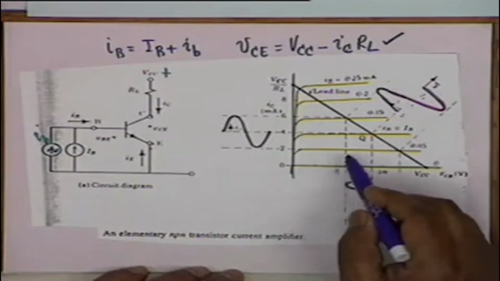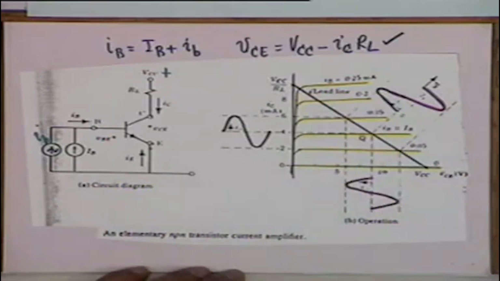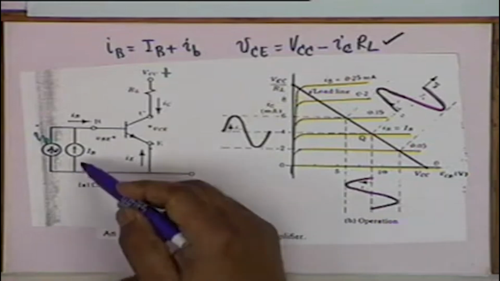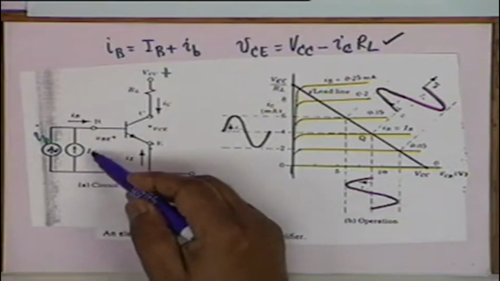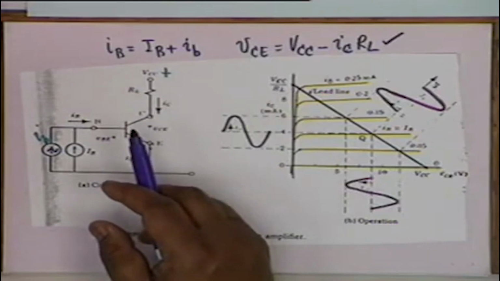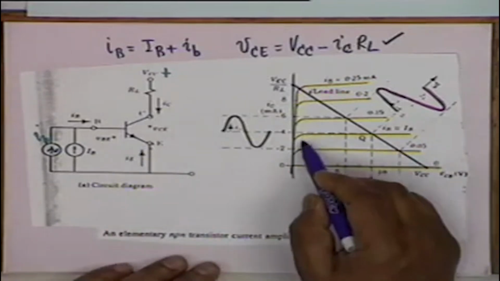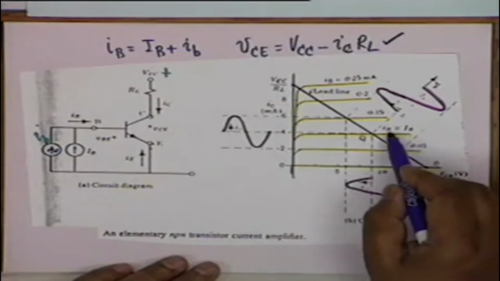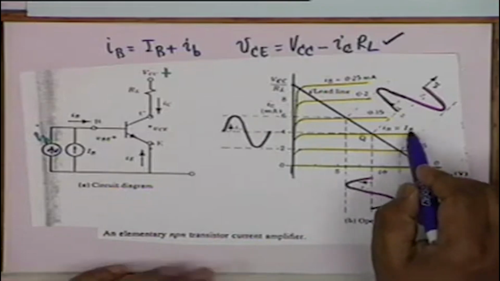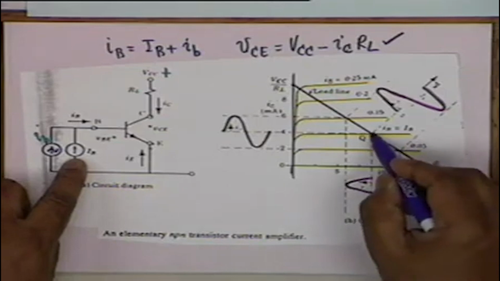If I figure out from the characteristic curves which one is the curve for the specified value of IB, now ignore small i b, which is a small variation or perturbation over the steady value of IB, I identify the curve which corresponds to the given value of IB. Then I find out where it intersects.